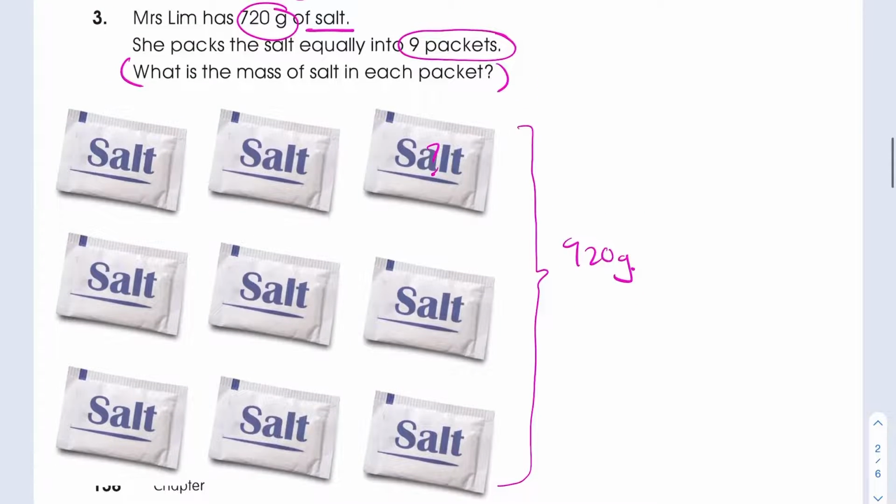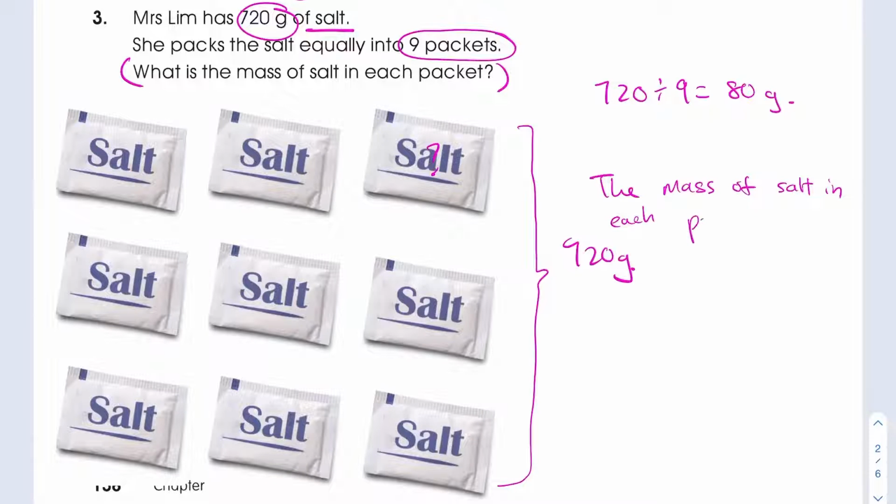I would take 720 divided by 9 packets in total. So this will give me 80 gram. Okay, so my statement, the mass of salt in each packet is 80 gram.